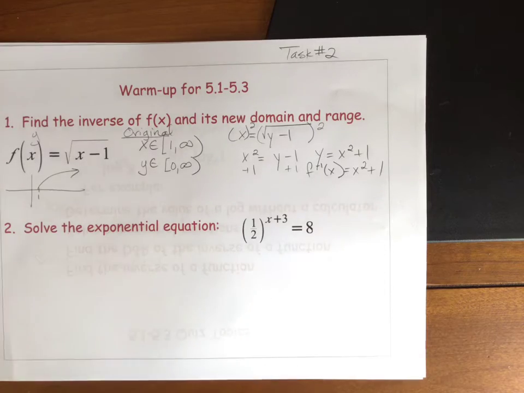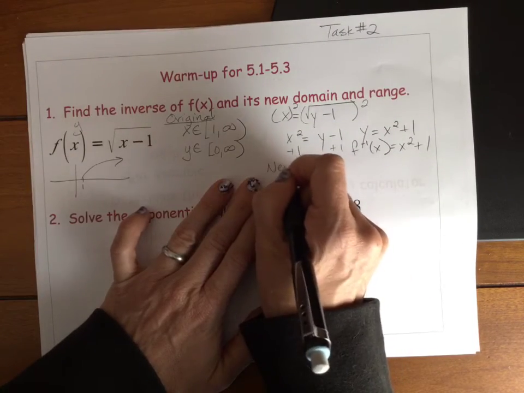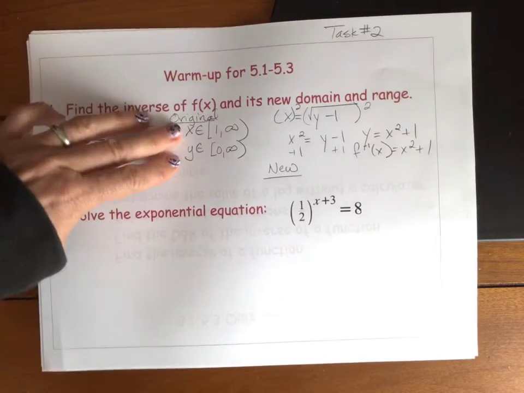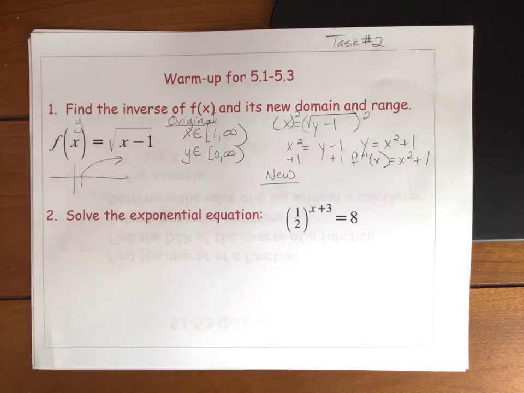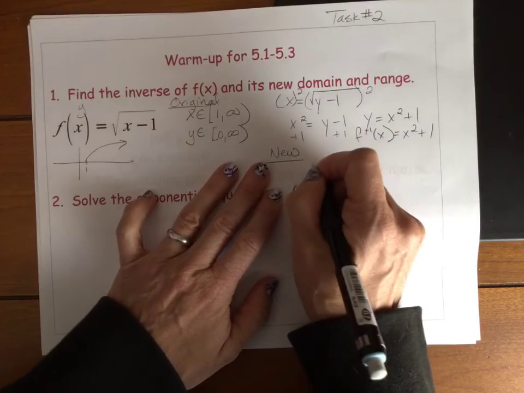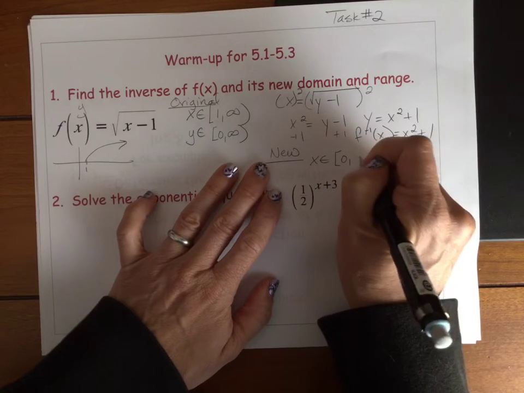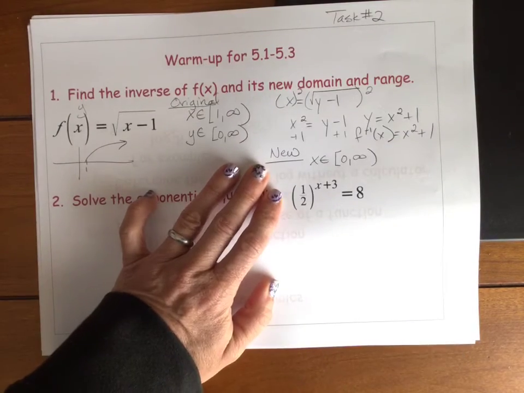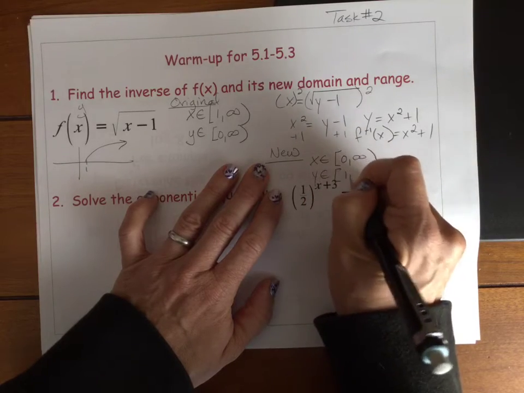So what's my new domain and range? Well, my new domain and range is just the flip of my original domain and range. So now I'm going to have x is a set of 0 to infinity, and y is a set of 1 to infinity.